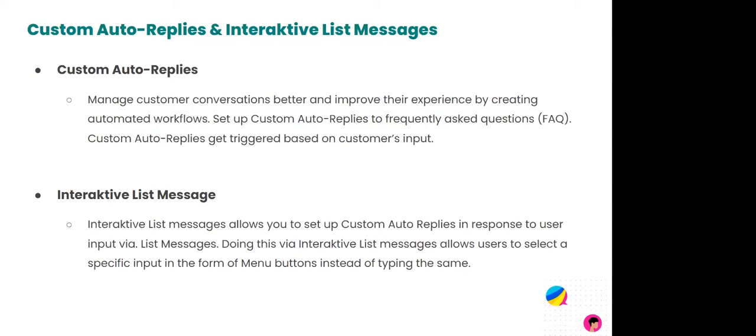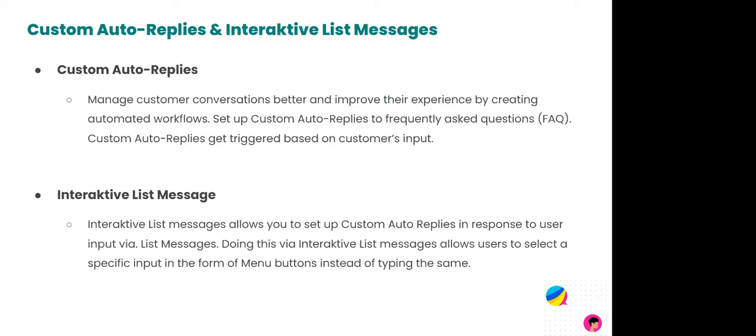So let's say the input is, is there any offer? Suppose if customer types, is there any offer? Then an automated reply will be triggered, whatever you configure. So custom auto replies work best if you add them in the interactive list message.